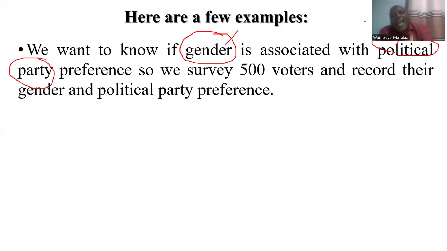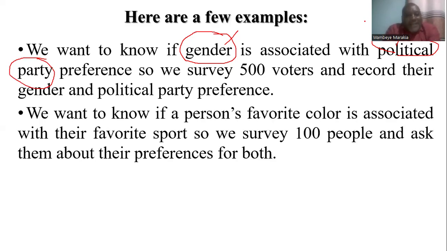So this is a categorical variable, and this also might be a categorical variable if you are in a political environment where there are only two parties. But when you are in an environment where there are several parties, you can enumerate them. Now, we want to look at how we can go step by step in calculating the chi-square and see whether there is an association between the political party and the gender here.